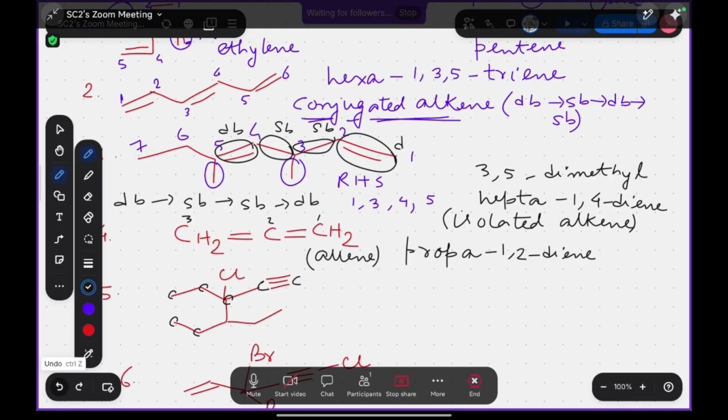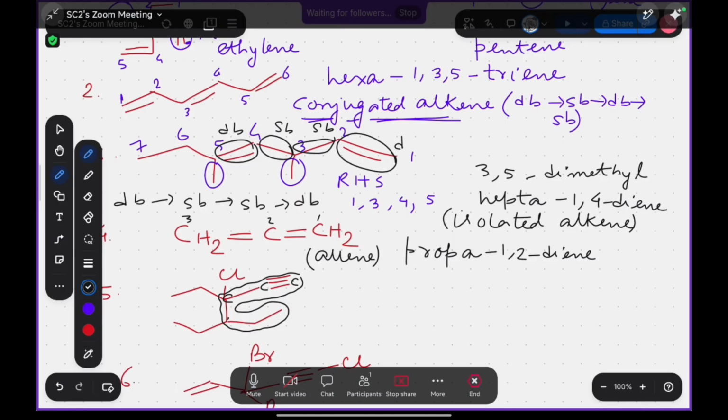I hope you have understood the bond line formula. Now see, the parent chain is somewhat like this. We are including the triple bond as well as giving the maximum number of carbon atoms. See, the triple bond is included, right?